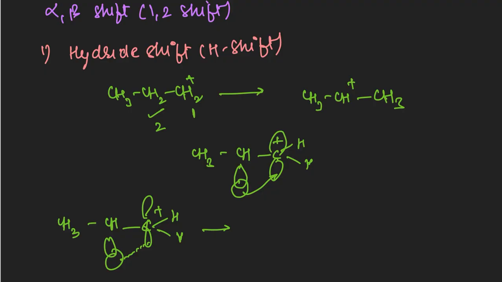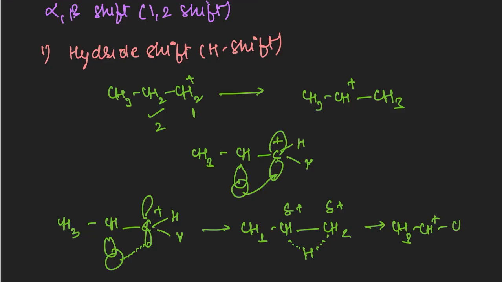So CH3, CH, CH2, hydrogen, then delta positive and delta positive. Now CH3, CH plus, and CH2H. Hydrogen shifts here finally, and we get positive charge over the second carbon.